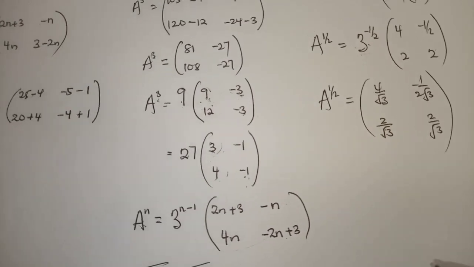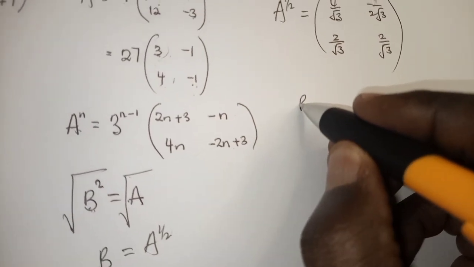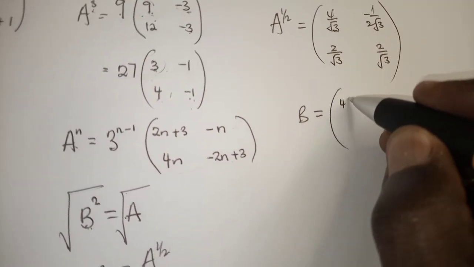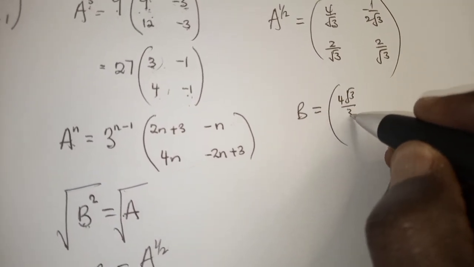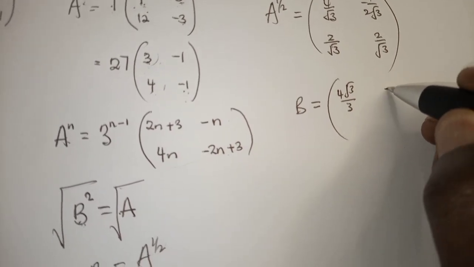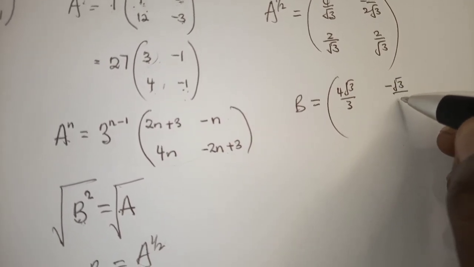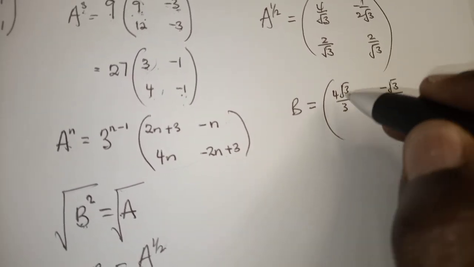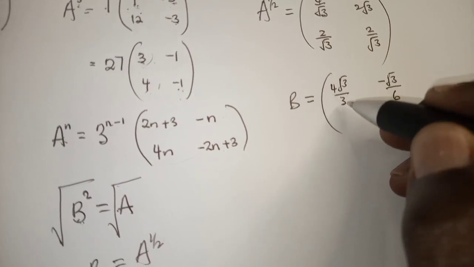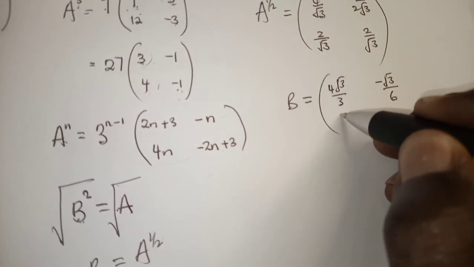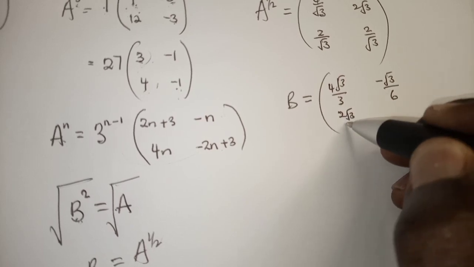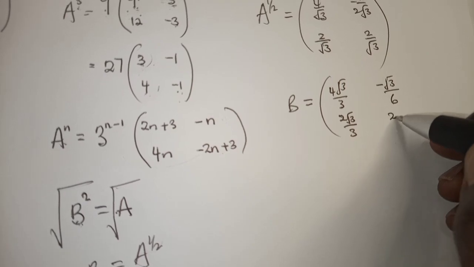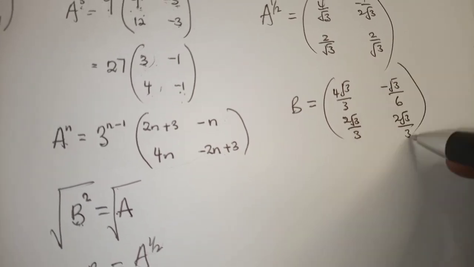So your B equals the matrix, which you can simplify as 4 root 3 on 3, minus root 3 on 6, then 2 root 3 on 3, then another 2 root 3 on 3, and that is it.